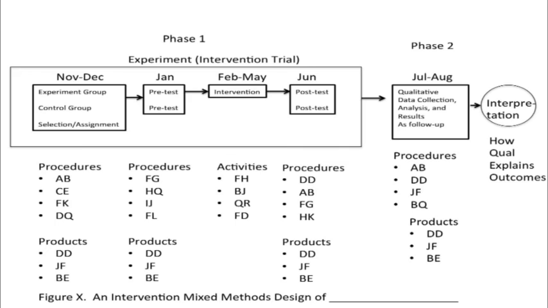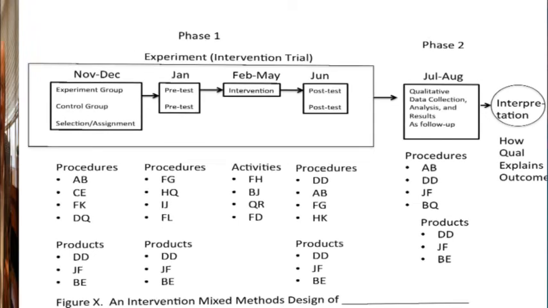We can also put interpretation here. How does the qualitative follow-up help explain the experimental results? So what we have now is a rather complete diagram picture of an intervention advanced mixed methods design that has embedded within it an explanatory sequential basic design.